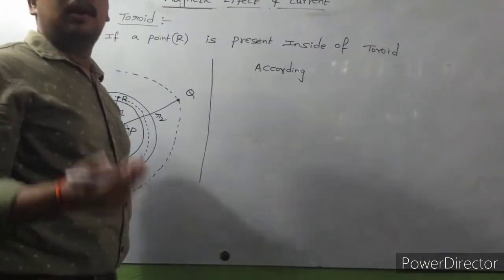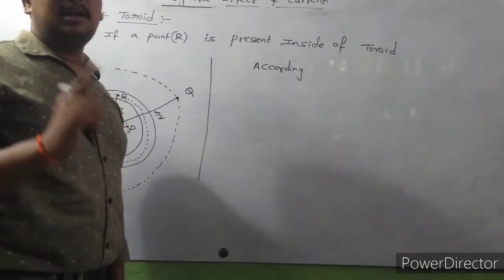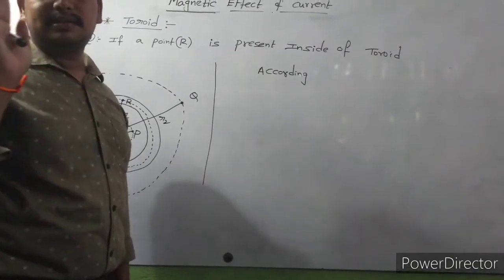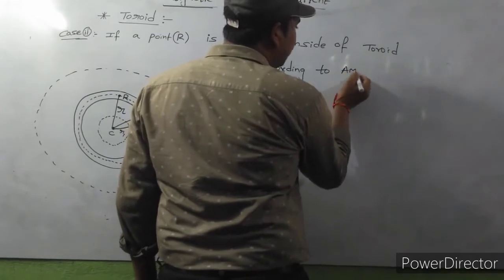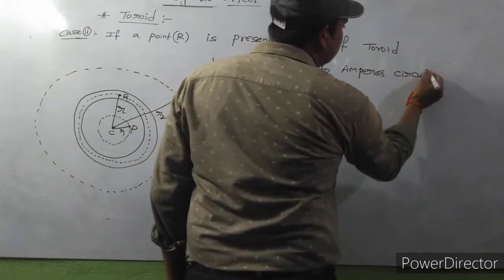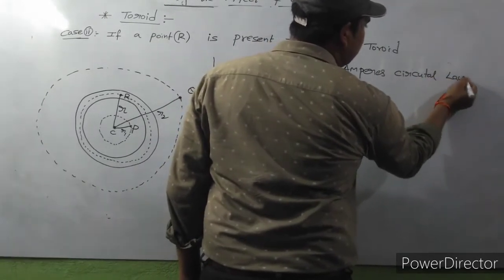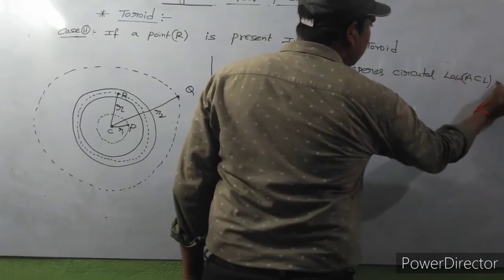By using two laws: Biot-Savart's law and Ampere circuital law. Here I choose Ampere circuital law. So according to Ampere's circuital law, ACL.